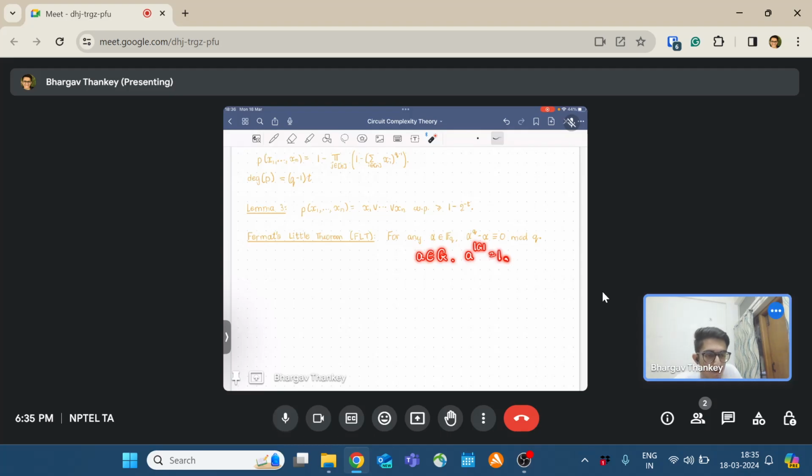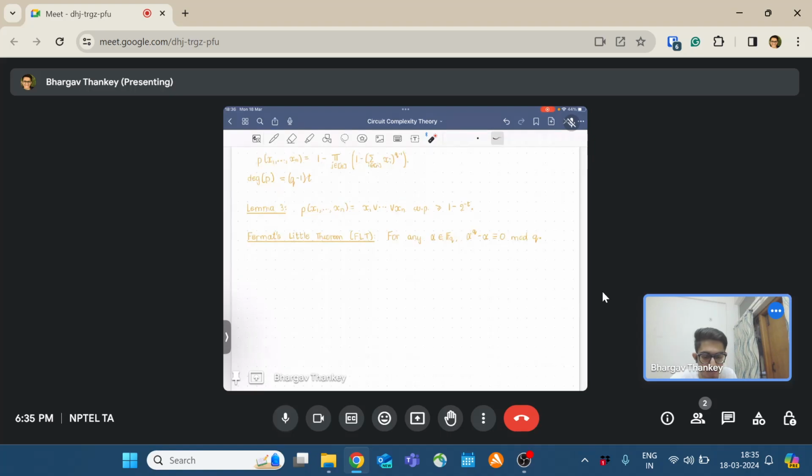So since ZQ cross is a group of order Q minus 1, for any alpha, alpha to the Q minus 1 would be 1 mod Q. So alpha to the Q would be equal to alpha mod Q, and alpha to the Q minus alpha would be 0 mod Q. This is how you prove Fermat's theorem using the fact that for every element in the group, the element to the order of the group is 1.